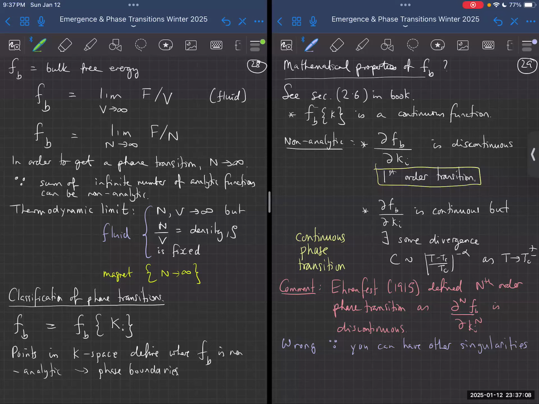In fact, his classification would work mostly in what's called mean field theory, which we'll talk about, in many cases.